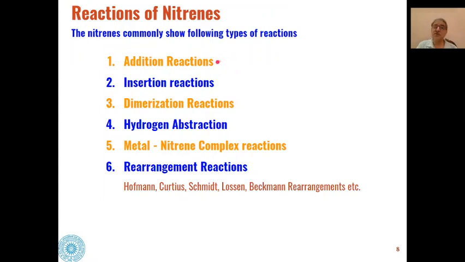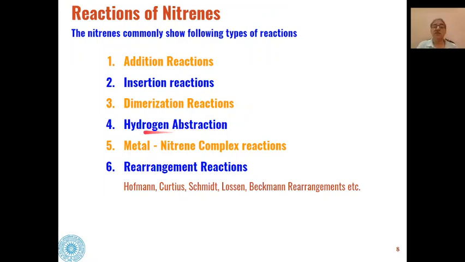These are similar to what we have seen in the case of carbenes. Similarly, insertion reactions are also similar to what we have seen in carbenes. Dimerization was also there in the case of carbenes. So they have almost similar types of reactions which we have done in the case of carbenes.